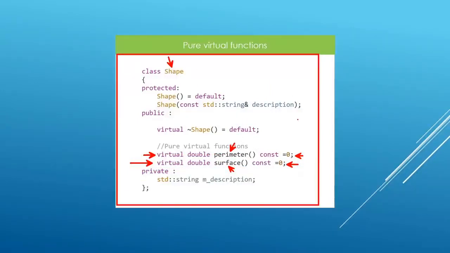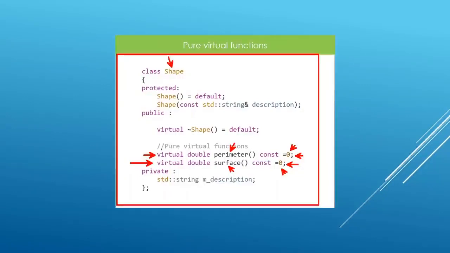If you try to do that, you will get a compiler error. Another thing is that you don't need to put in implementations for these methods because you marked them as pure virtual. What this means is that the implementations will be put in by inheriting downstream classes because they will have concrete information to compute the perimeter or the surface as we have here.